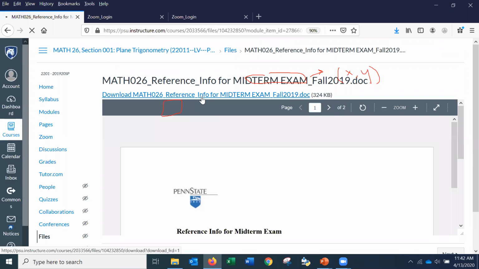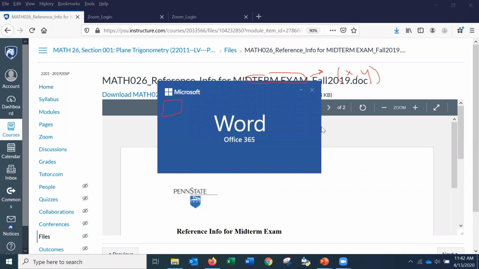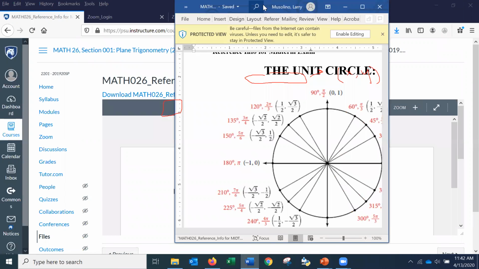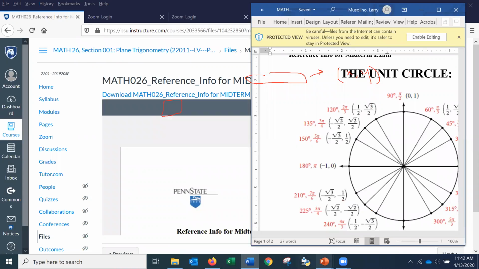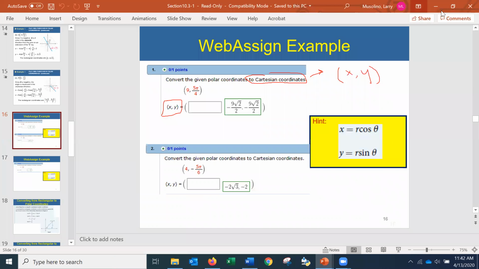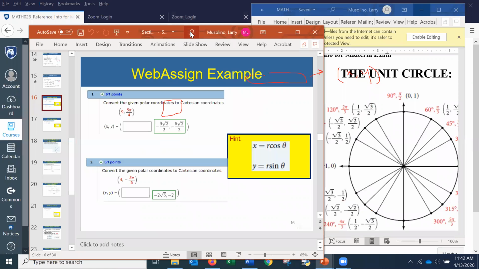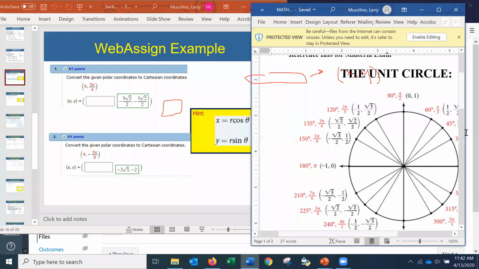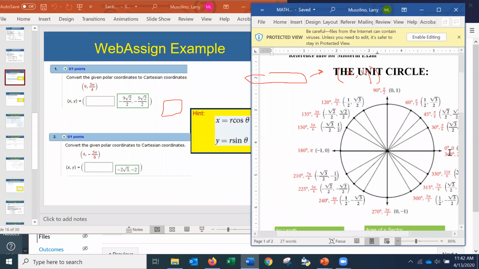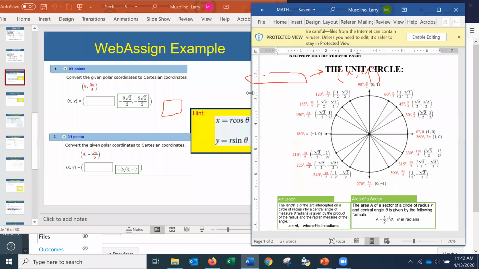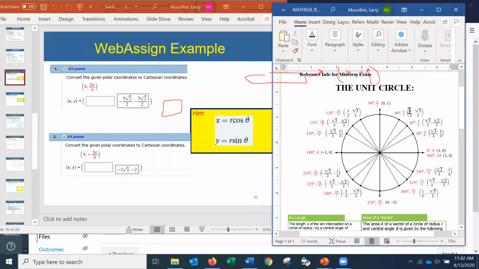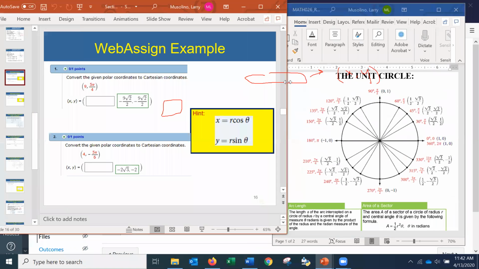I know the unit circle was there. All right, so we have the unit circle here. Okay, and let me go back to the WebAssign problem. All right, hopefully you can see these side by side.